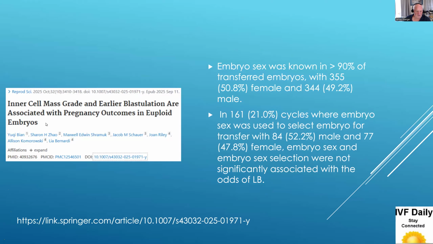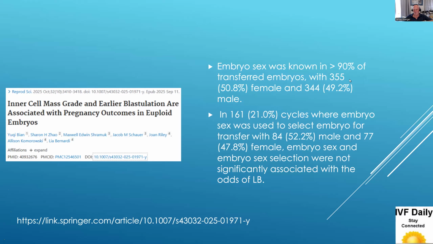On the contrary, this paper published in October this year argued that the inner cell mass and early blastulation are associated with pregnancy outcomes in euploid embryos. So, in this paper, the embryo sex was known in 90% of transferred embryos, with the result that 51% were females and 49% were males.